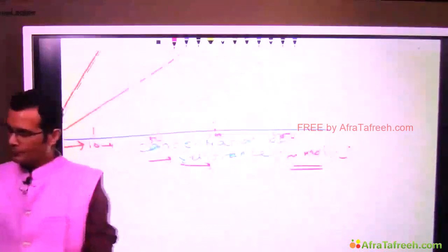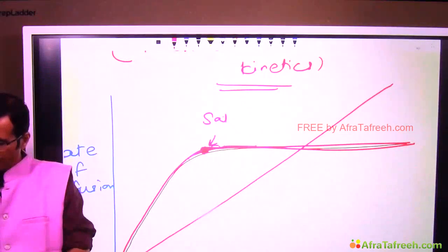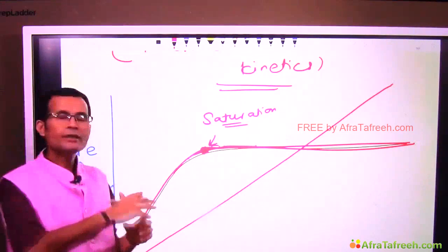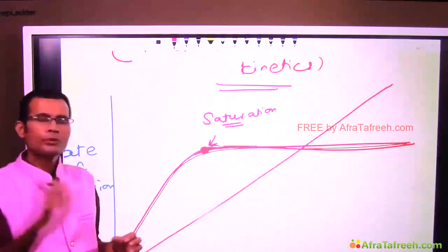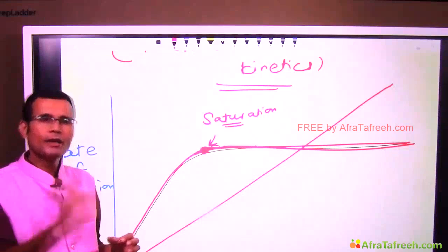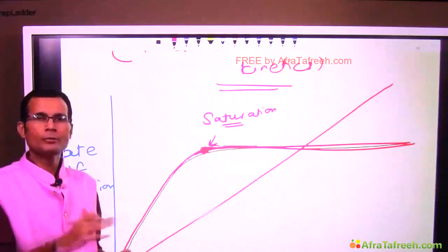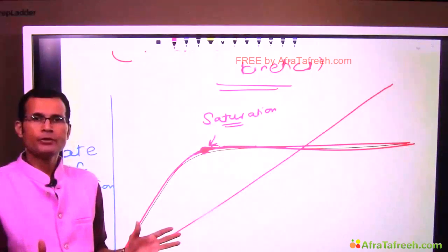Now why does that happen? It is because of the saturation. At this point, carrier got saturated. When you increase the concentration on one side of the membrane, more and more molecules of that substance will attach to the carrier. So carrier can deliver the substance faster and faster. But one time will come when carrier will be completely saturated.